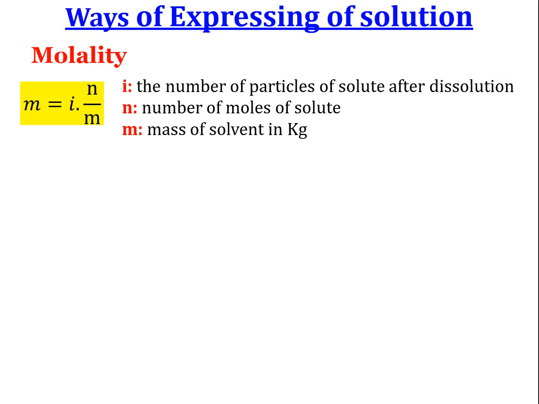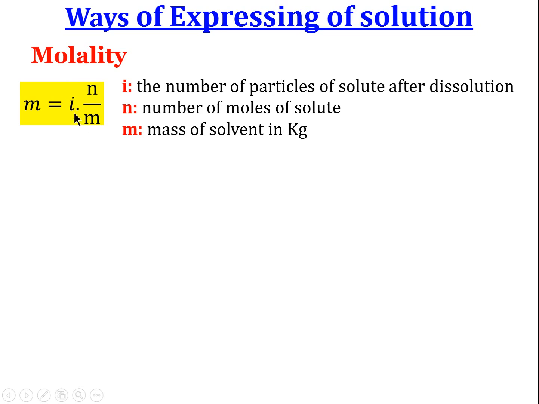For example, NaCl dissolved in water will give Na+ and Cl-, so it will give 2 particles, Na+ and Cl-, so i equals 2 in this case. n is the number of moles of the solute in mole, and m is the mass of solvent in kilogram.